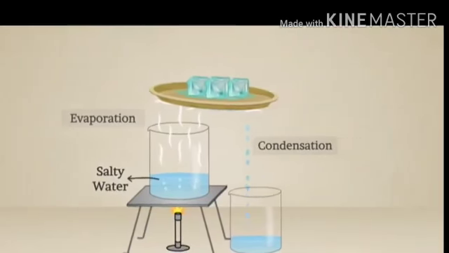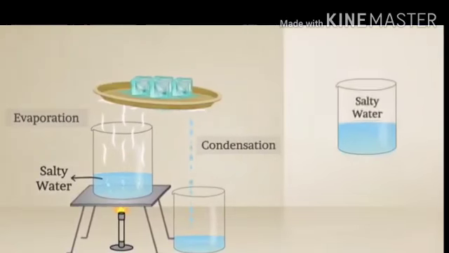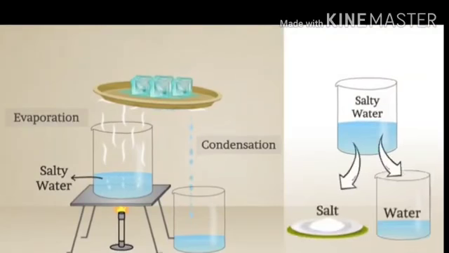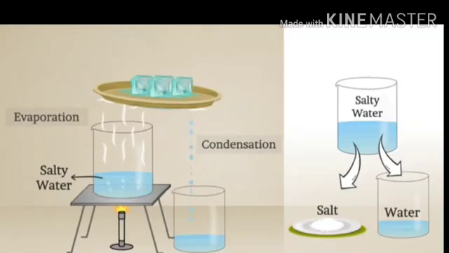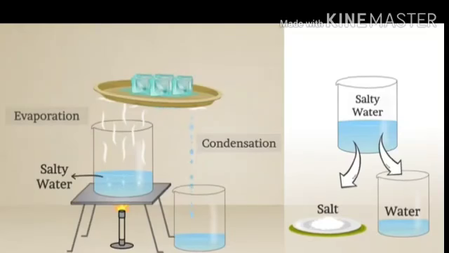The process of evaporation is used for those components which have different boiling points, or the solutions in which both the components have different boiling temperatures. Boiling temperature is the temperature at which liquids start boiling at atmospheric pressure.